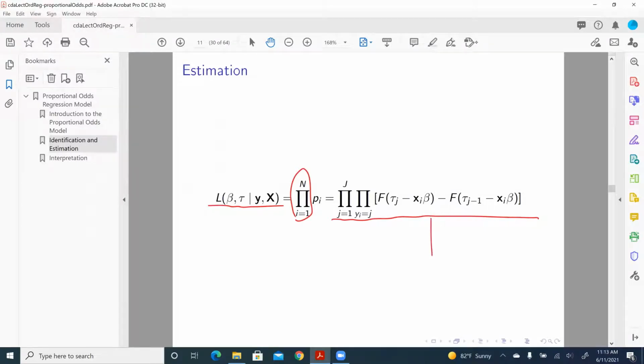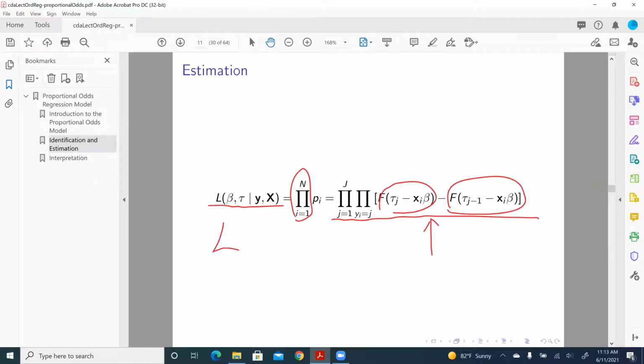So what this function does is it checks into the observed data, particularly observed y, and sees the values of y, then constructs the function accordingly, right? The difference of these two cumulative density functions, then multiply through all observations, okay? We get a likelihood function.